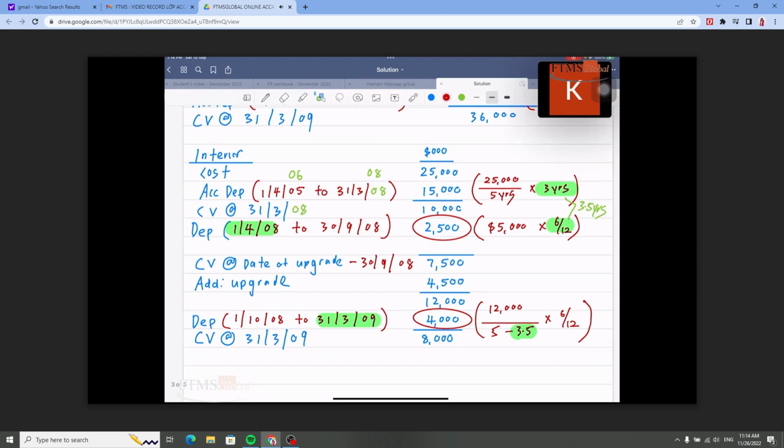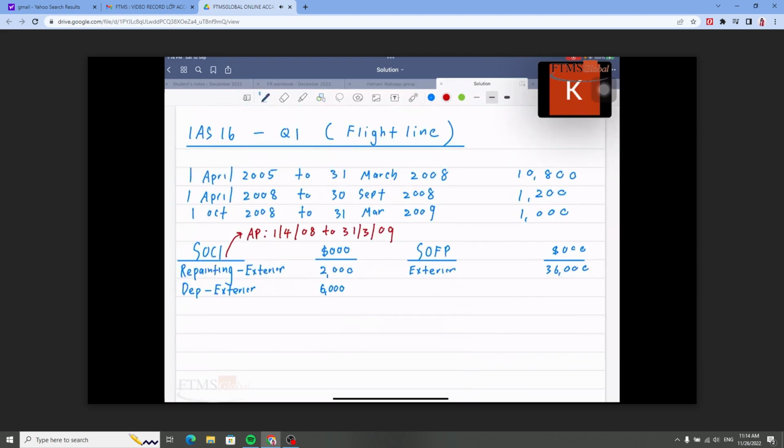So here, what I will do is I will put one line called depreciation. And this depreciation, I will call it interior. And this depreciation is made out of two depreciation, 2005 plus 4,000. Okay, so of course I will get 6,005.